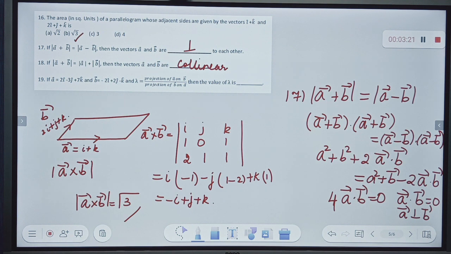Now look at the 19th question. If A vector and 2B vector is given and lambda is equal to the projection of A on B divided by the projection of B on A, let us solve that.